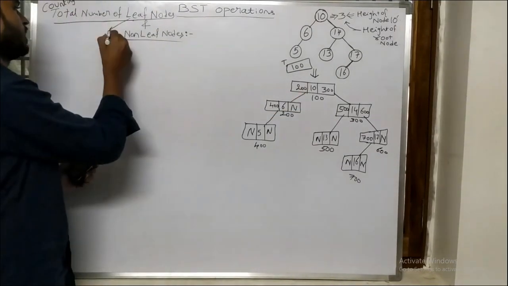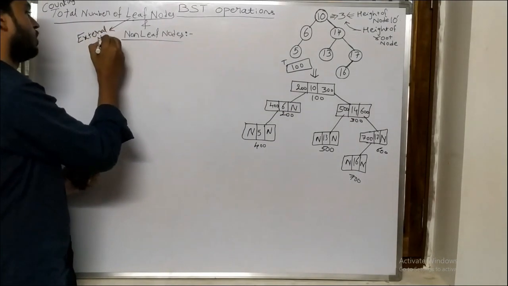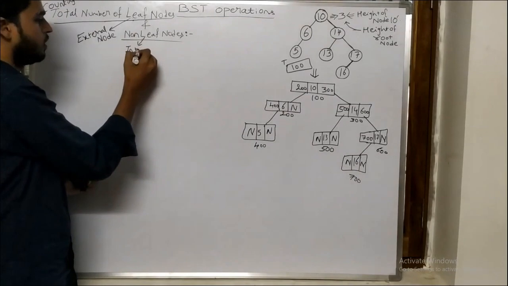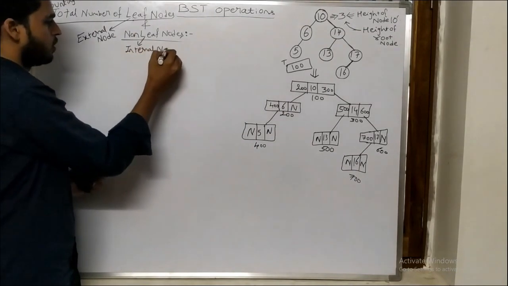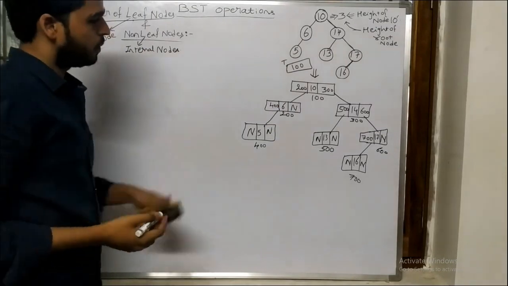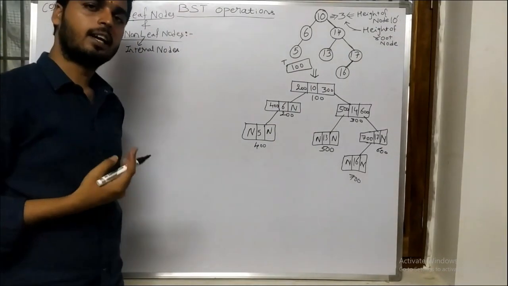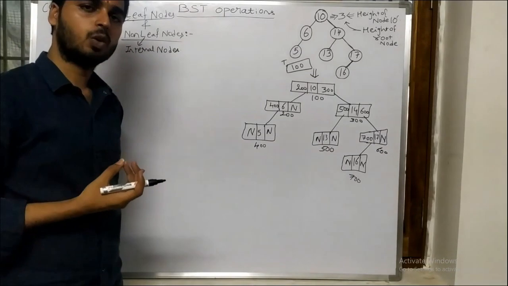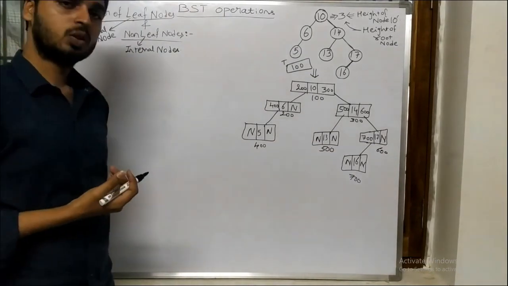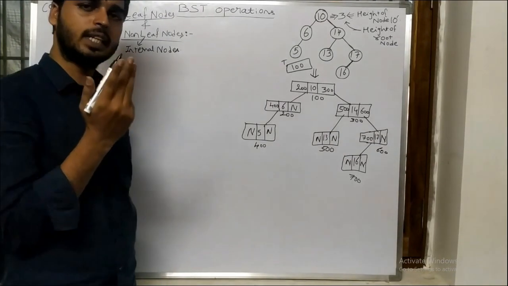A leaf node can also be called an external node, and non-leaf nodes can be called internal nodes. In all the previous implementations, like the height of a binary tree, finding the total number of nodes in a binary tree, or finding the total number of leaf nodes and non-leaf nodes, you will commonly get three cases.